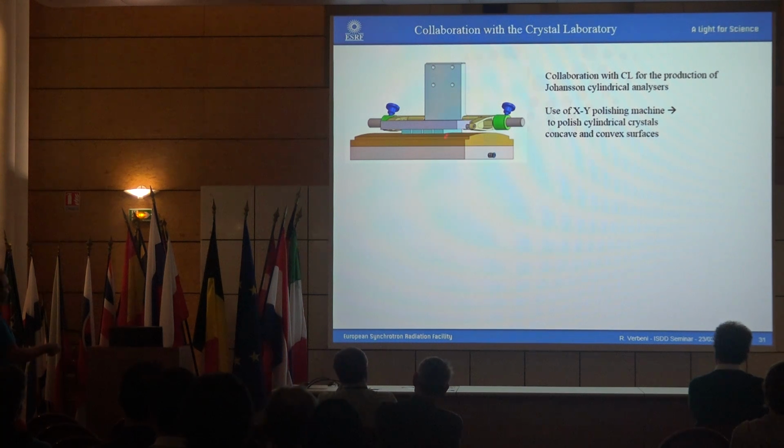We want to polish concave and convex surfaces as well. So we have another plate here in brass for the concave. For the moment, we have only half a meter here. This will be ready in a couple of months. In a couple of months, we will have a way to polish this cylindrical one.